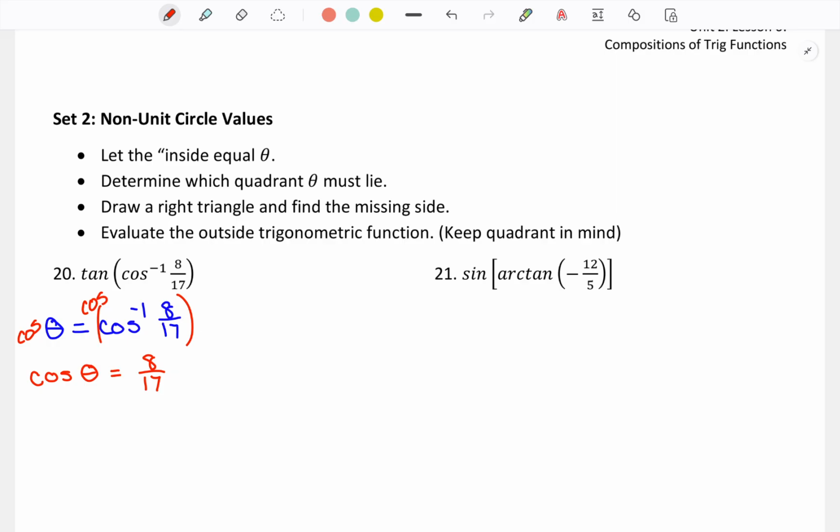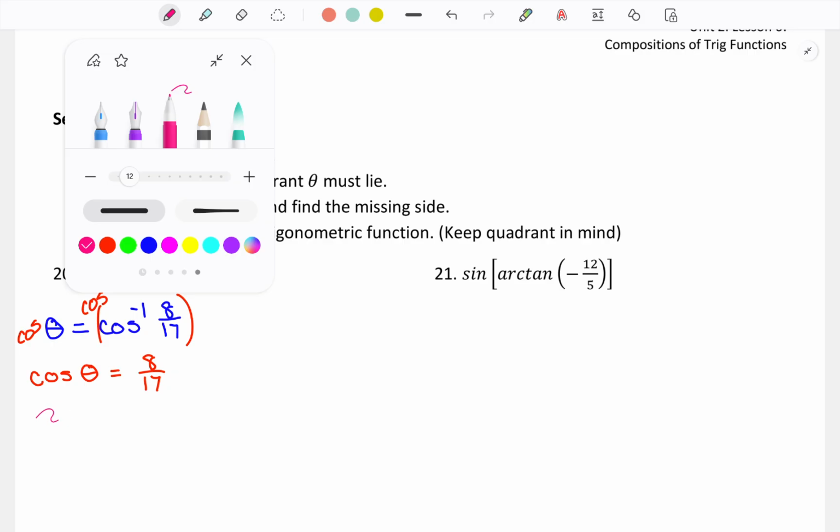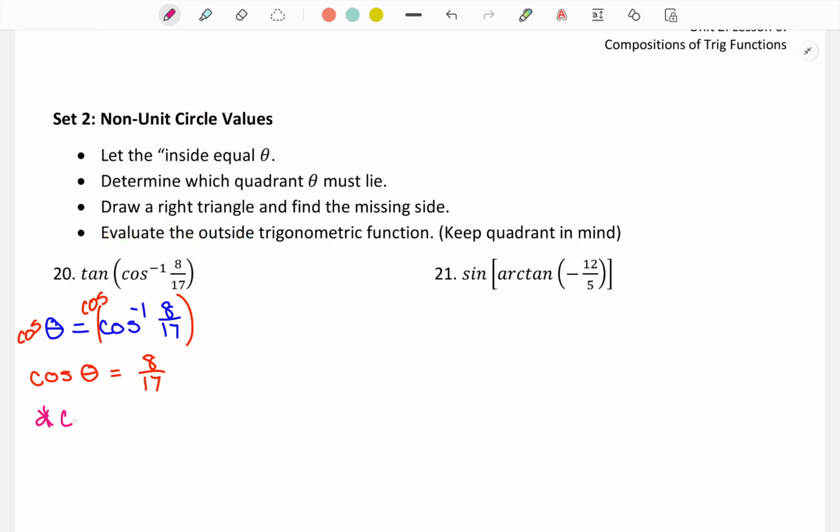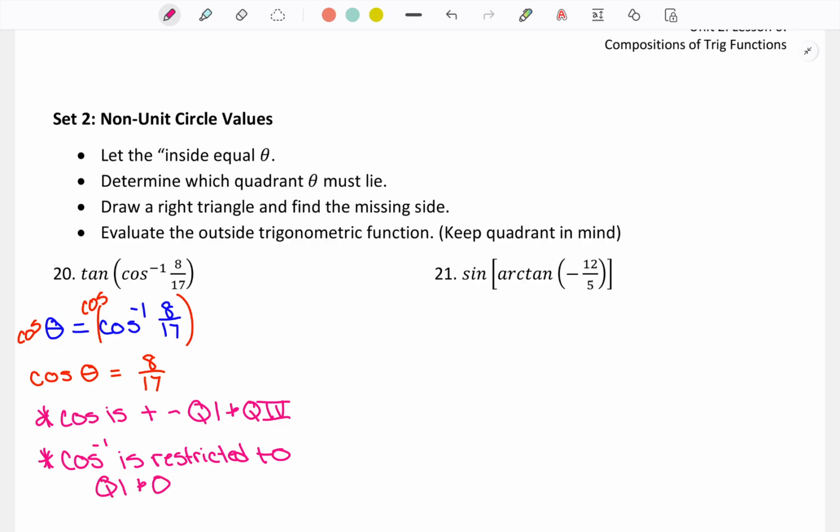And here we know a couple of things. First of all, cosine is positive, which happens in quadrants 1 and 4. And then arc cosine is restricted to quadrant 1 and quadrant 2.